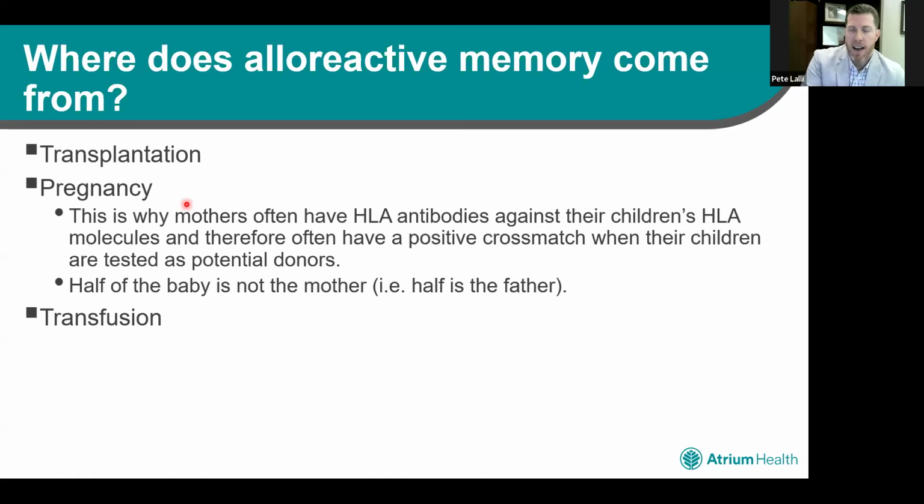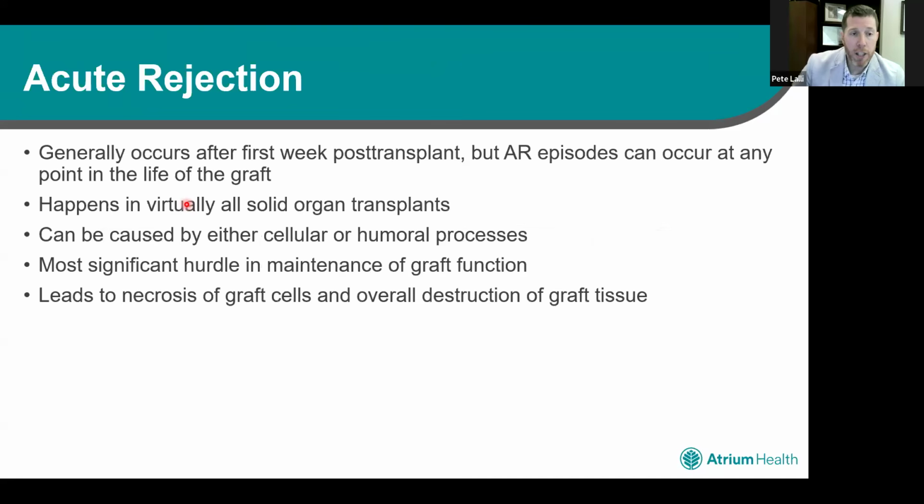So there are half of the HLA proteins in that baby that are not native to the maternal immune system. So the maternal immune system can actually recognize these paternal HLA proteins as being foreign and make antibodies against them so that if they're exposed to those same HLA proteins later on, it can create a response and lead to something like hyperacute rejection.